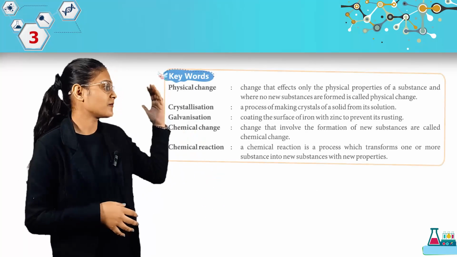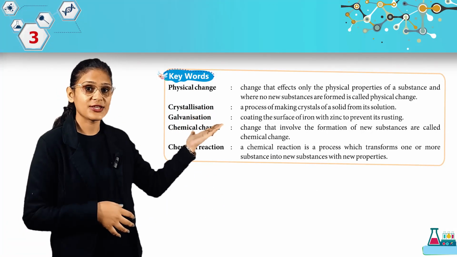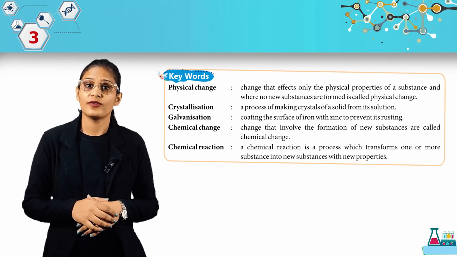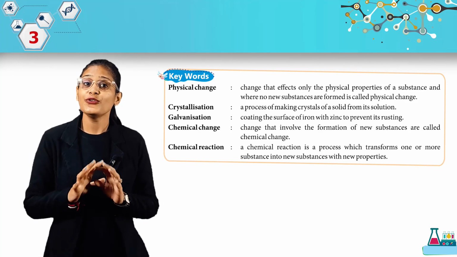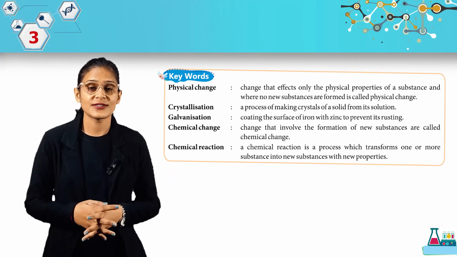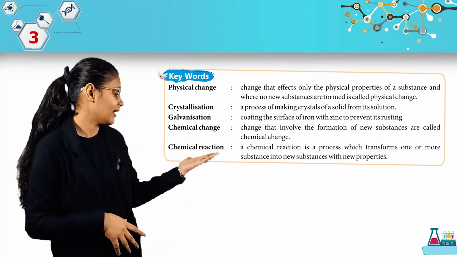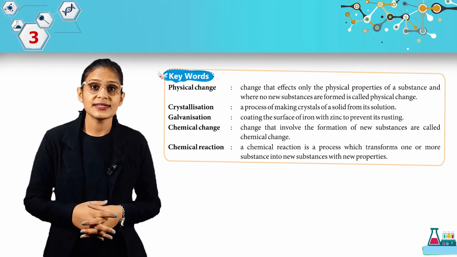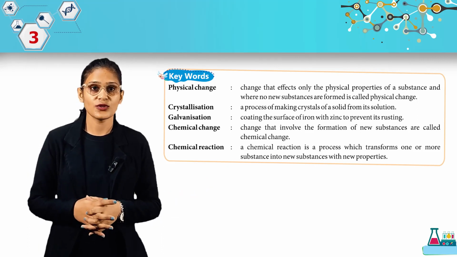Now students, we have some keywords. Look here. Physical change: change that affects only the physical properties of a substance and where no new substances are formed is called physical change. Then we have crystallization, a process of making crystals of a solid from its solution.